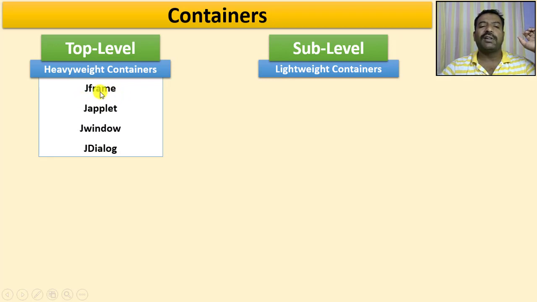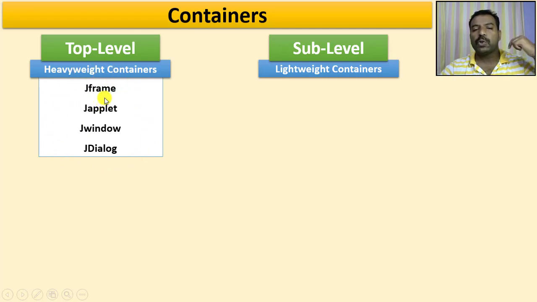Now whatever the class, the JFrame, the JApplet, JWindow, JDialog, all these are subclasses of the class JComponent, and though I am calling this a container, even this is a component again, a special type of component which right now I am calling a container. And these four are the top level containers.